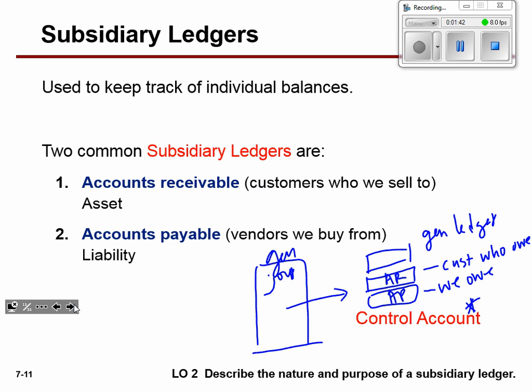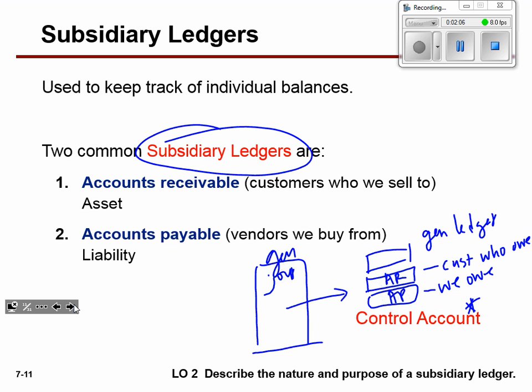So from there, businesses with a lot of customers who owe or a lot of people we owe create subsidiary ledgers. So like a mini version of what's going on here to just free up the clutter in the control accounts.